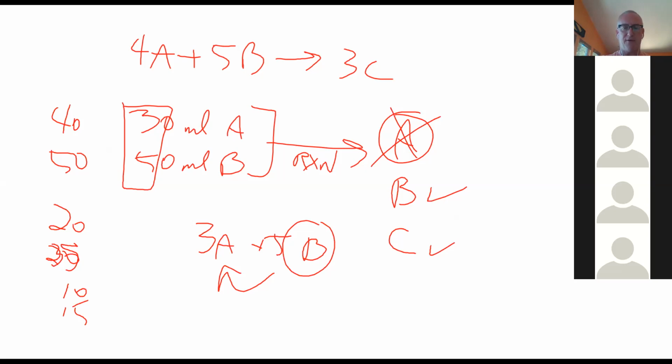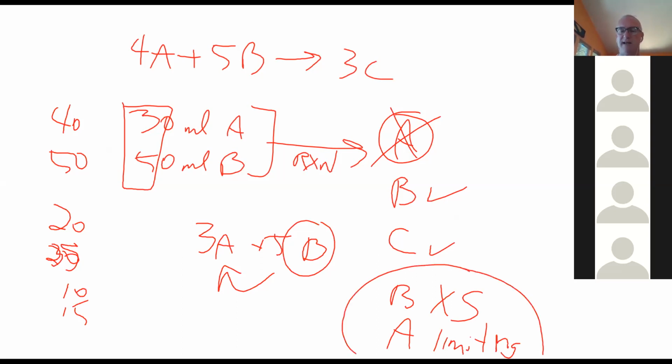Because if B is left over, that means B is in excess, right? And A is limiting. So there's 2 things you can do. What are the 2 things you can do? If B is in excess and A is limiting, what should your next reaction do? You can do one of 2 things concerning the volumes of A and B. Would you increase B?